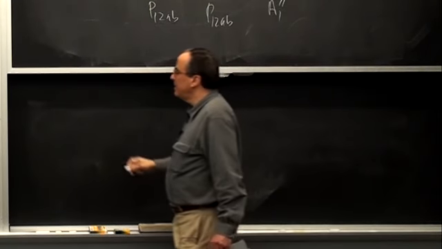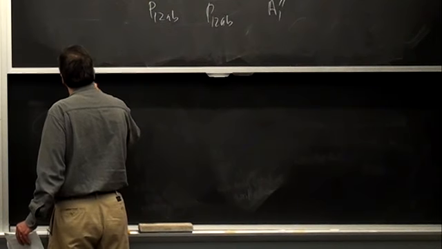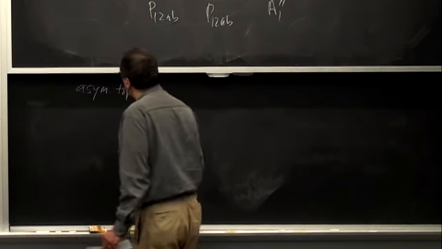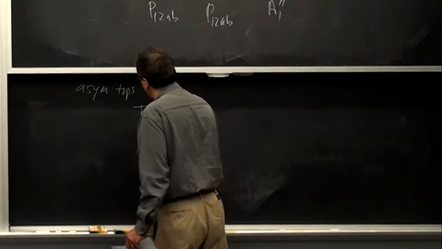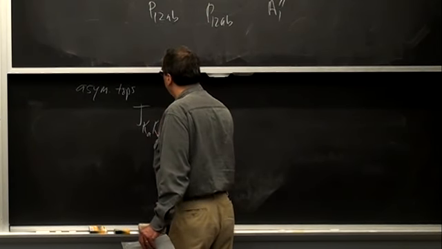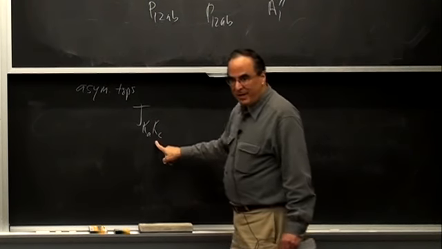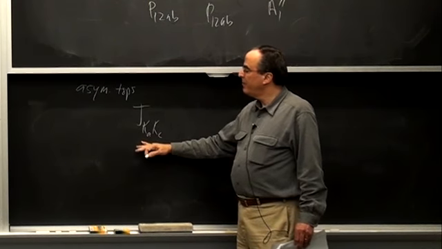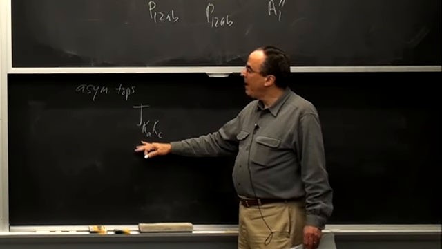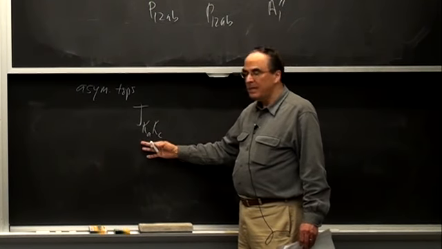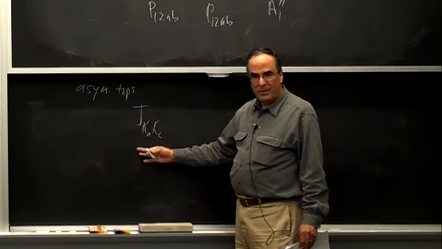when we talked about asymmetric tops or any kind of top, we had labels J, Ka, Kc. And these labels are sufficient to map onto the 4 irreducible representations of the molecular rotation group.